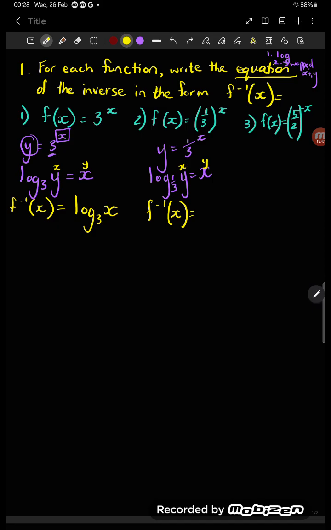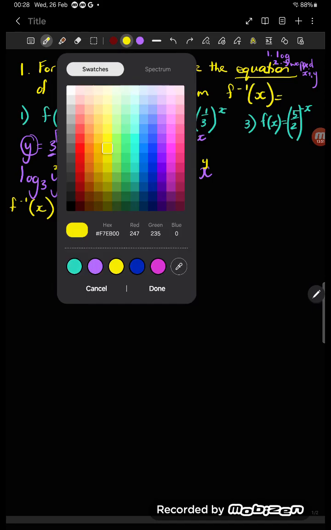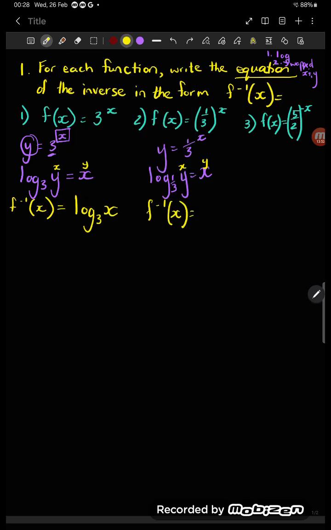If you want to, you can, but time is money in your math exam. So more haste, less speed, but still be very astute with your time in your exam. So here we're going to go log base a third of x, and that equals y, or my inverse.